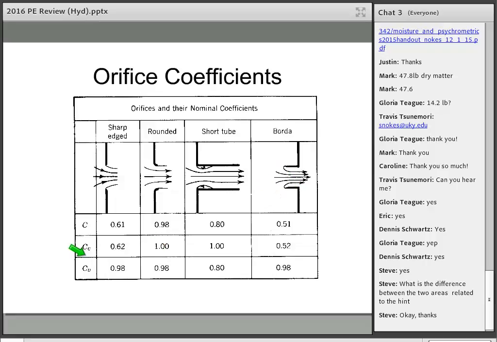And of course, we were talking about the 2 different coefficients, and those come into play. But it's usually only one that you use, and you can see if you've got a nice smoothly rounded opening, you're going to have a very high coefficient compared to the protrusion into the tank, which is about half as much flow.